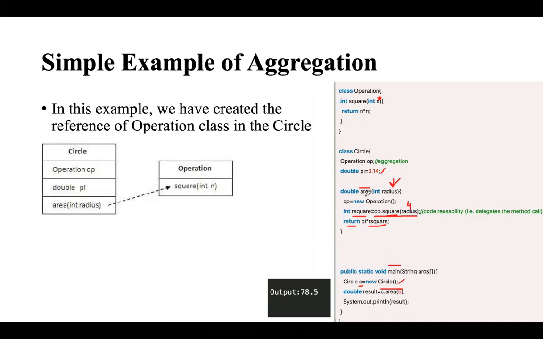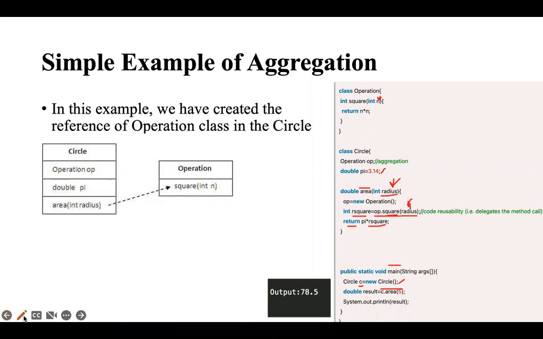And we have the area here. This 5 will go here into the radius variable, and then we are calling OP dot square with this value.